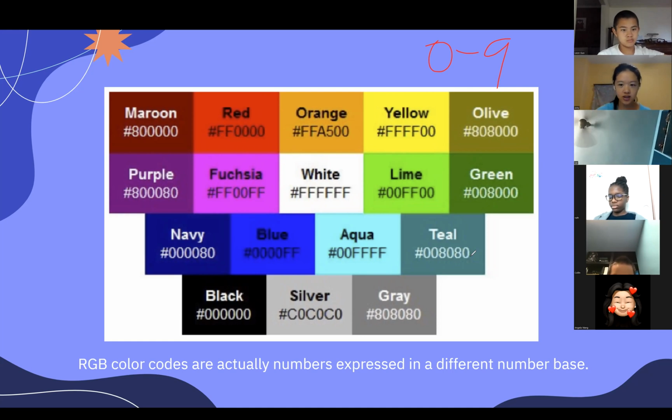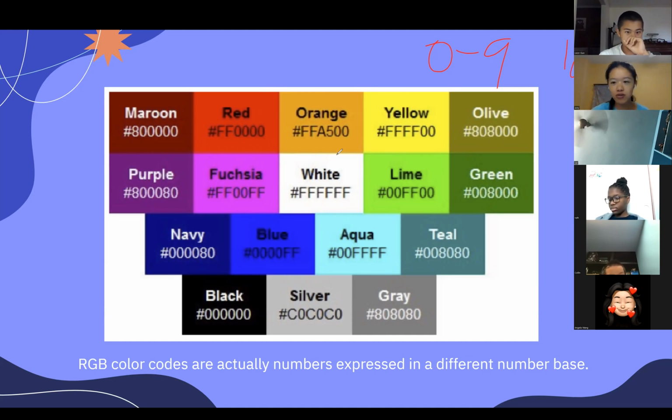Remember that in a number base, the number of digits is the same as the name of the number base. In base 10, you have 10 digits. In base 2, you have 2 digits, which means that in base 16, you will need 16 digits. But since humans have grown up in base 10, we don't have 16 digits. For base 16, we need the digits 0 through 9 as well as 10 through 15, but we don't have anything to represent that.